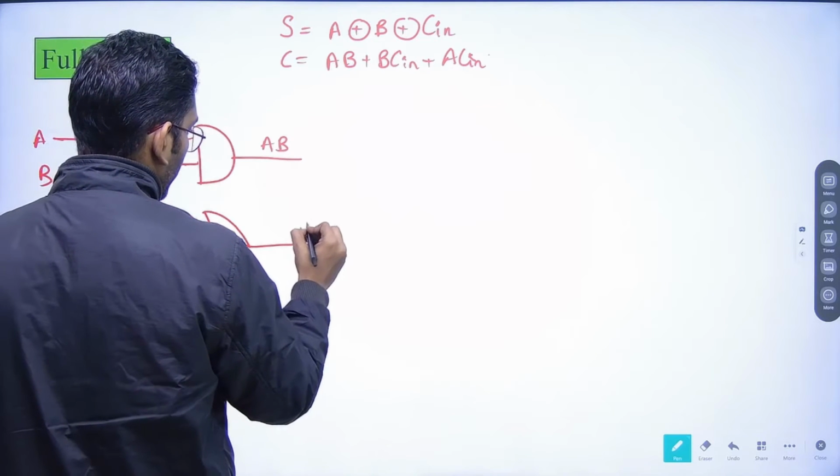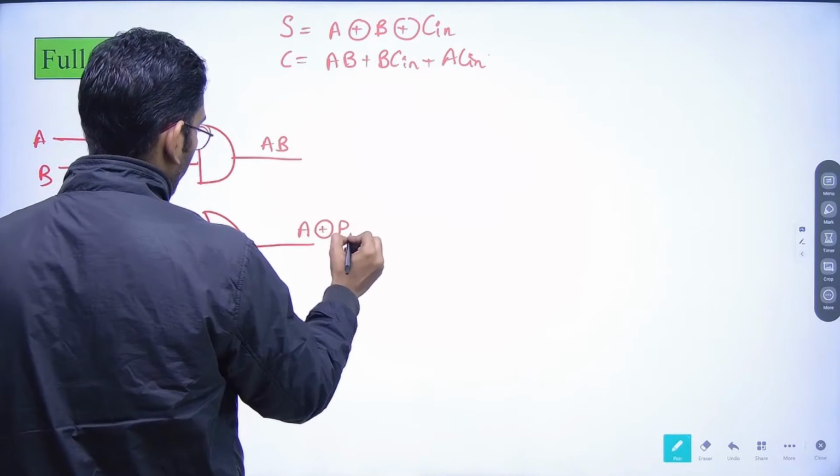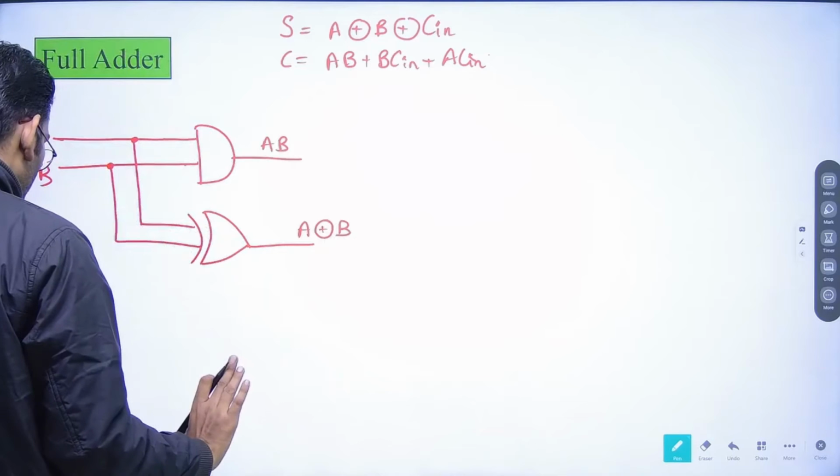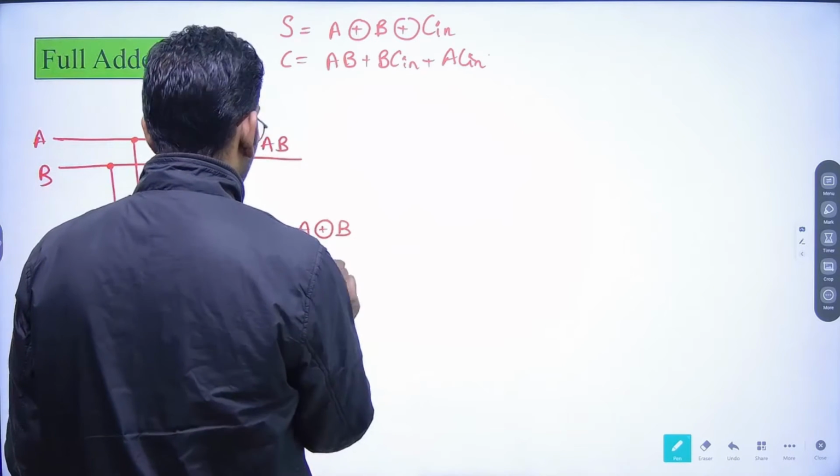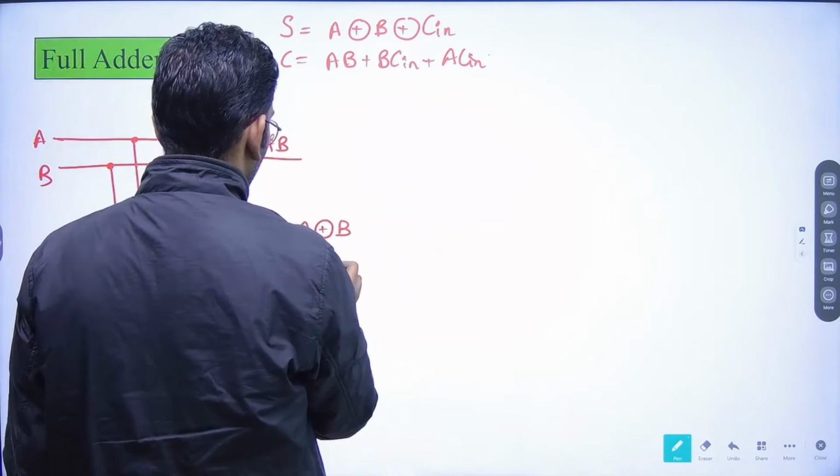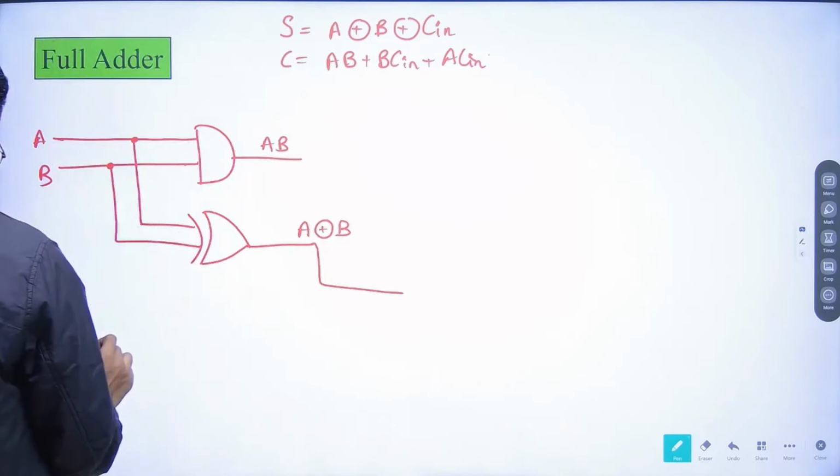So here we would be getting A XOR B. Now A XOR B would be added with C in.